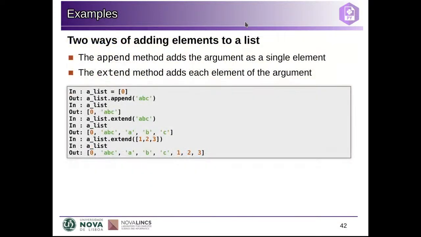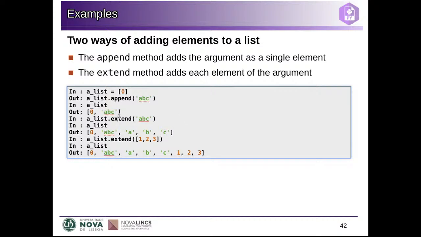There are two ways of adding elements to the list, with append and extend, and the difference between them is that append will add the argument you give as a single element. So if I have this list with a 0 and I append ABC, then the list gets ABC there.